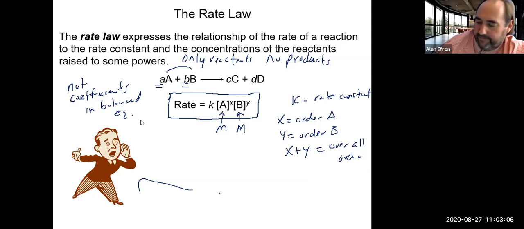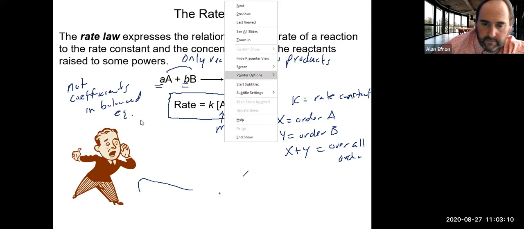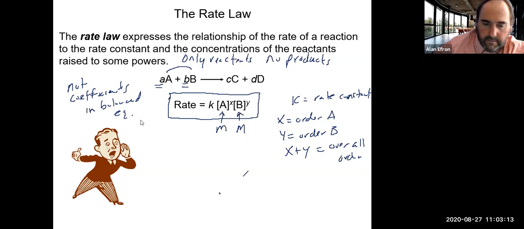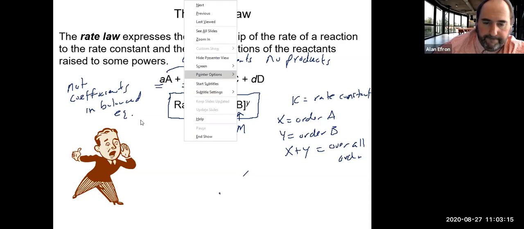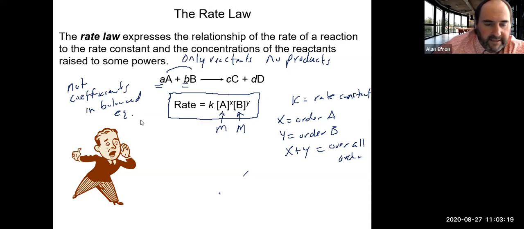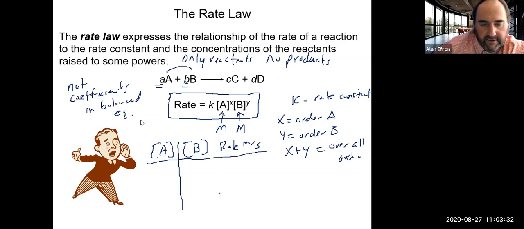You will have a table usually of, say, the concentration of A, concentration of B. You will have the rate in molarity per second. So very, very common if you're asked, hey, can you determine the rate law for a particular reaction?